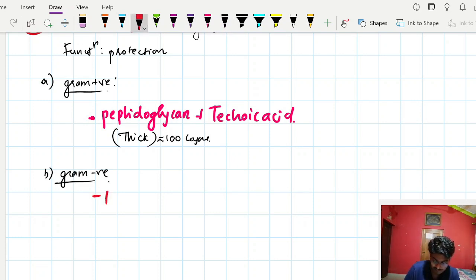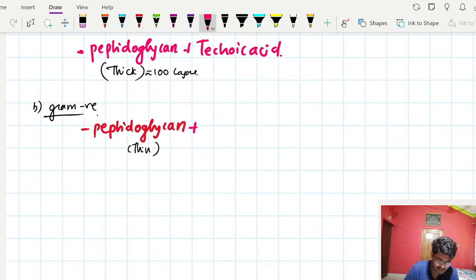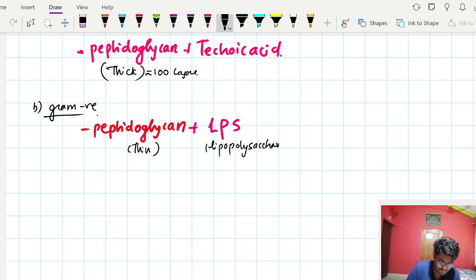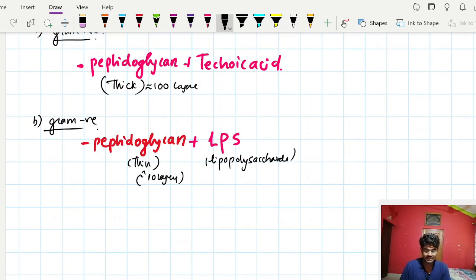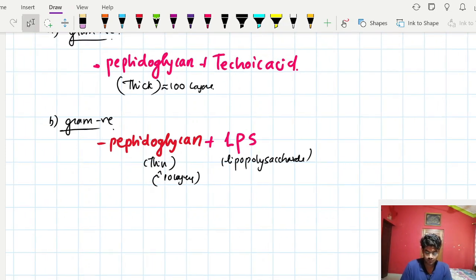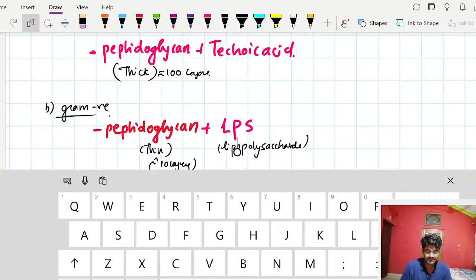they also have peptidoglycan, but it is thin. The peptidoglycan layer is thin, about 10 layers only. Instead of teichoic acid, they have lipopolysaccharide, which is one of the reasons why they do not take the primary stain, crystal violet.